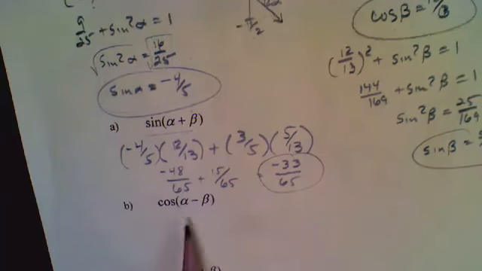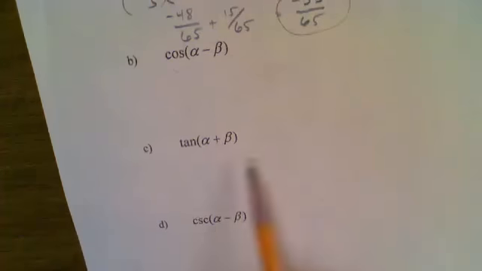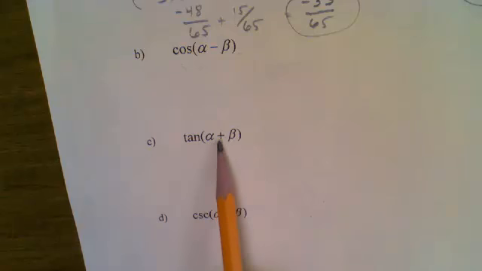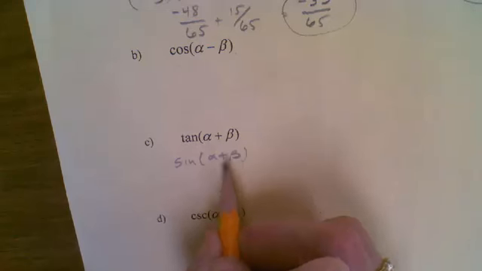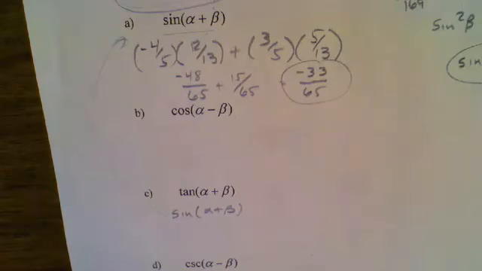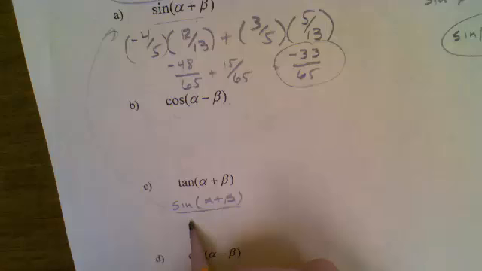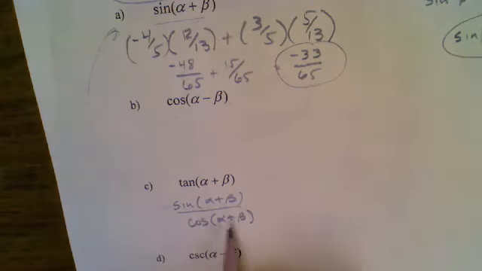You do the same thing for the cosine of alpha minus beta. For the tangent of alpha plus beta, you need the sine of alpha plus beta, which you already did in part A, over the cosine of alpha plus beta, which you didn't find, so you'll have to do some work on that one.